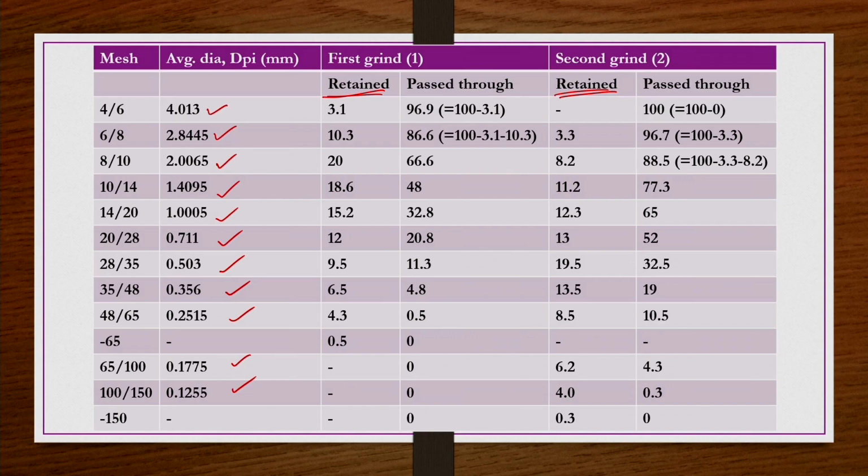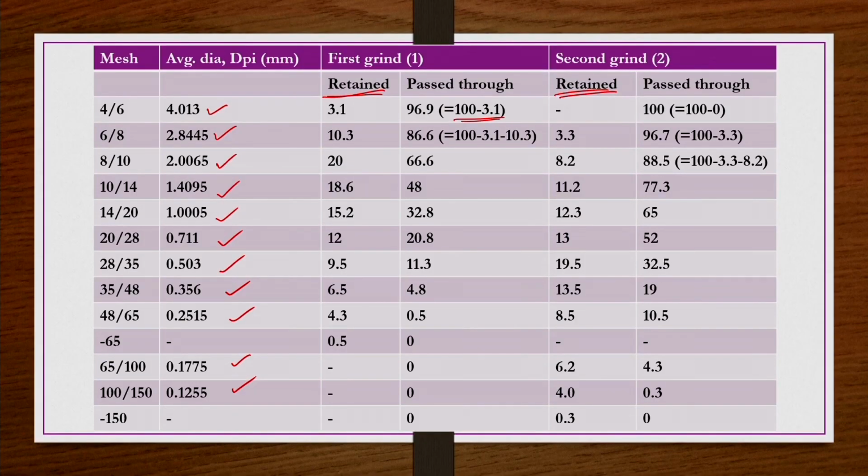You need to find out how much material has passed through. Overall is 100%, so if you subtract 3.1 from 100, 96.9% of the material has passed through screen 4. Only 3.1% is retained.